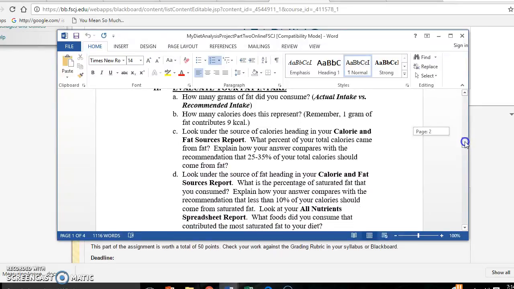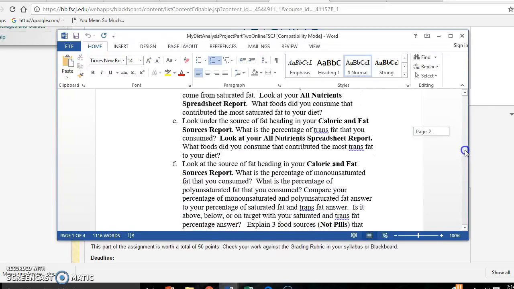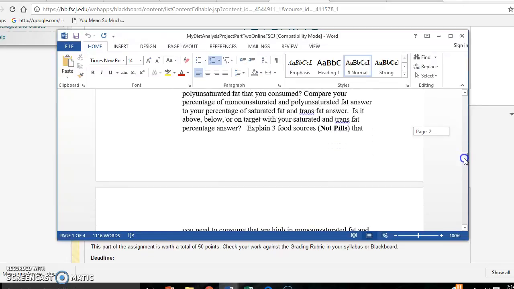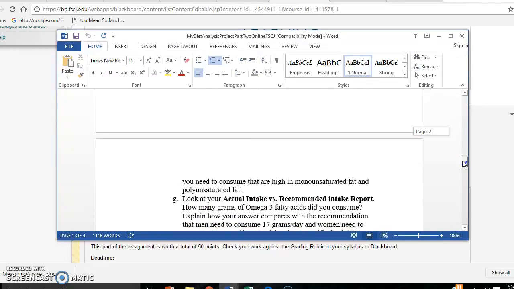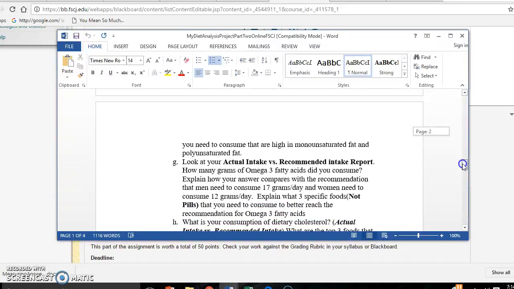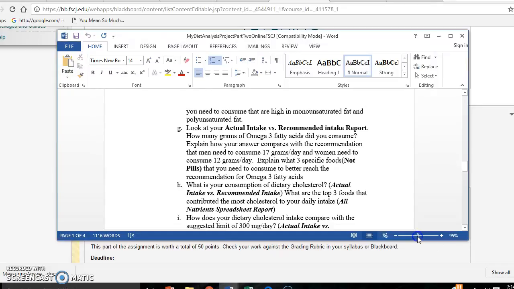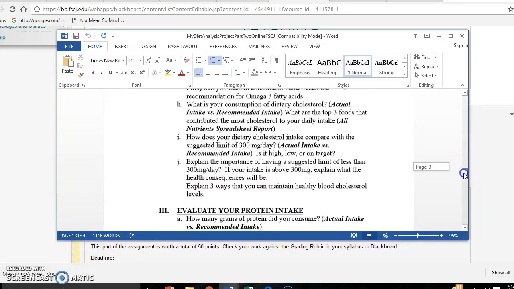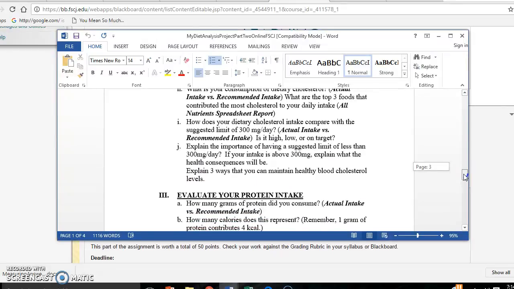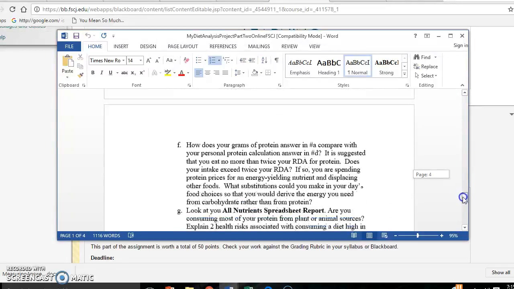And in chapter 5, it's going to be asking you what food sources you could consume that are high in monounsaturated fat and polyunsaturated fat, and what foods could you consume to better reach the recommendations of omega-3 fatty acids, and that would be in chapter 5. So have your book handy in order to answer these questions, along with the reports.